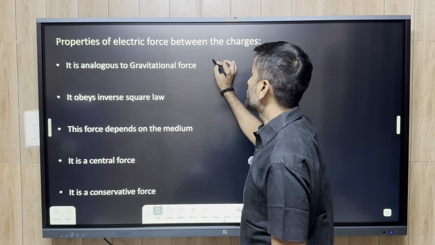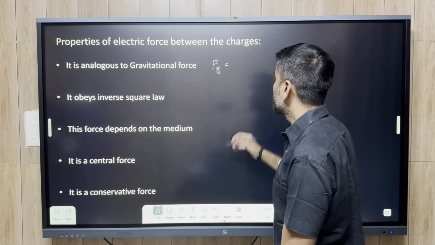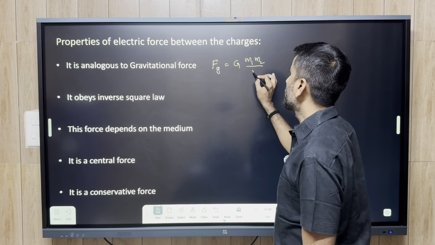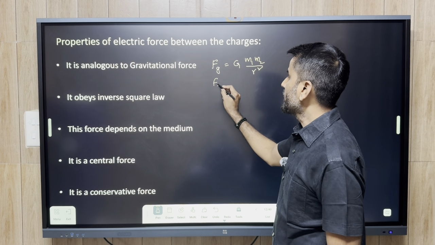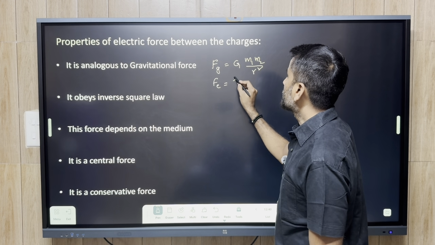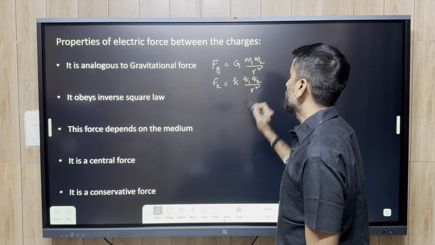As we all know, the gravitational force between any two masses in the universe is given by G m1 m2 upon r square. If I write the equation for electric force between two charges, it is K q1 q2 by r square.